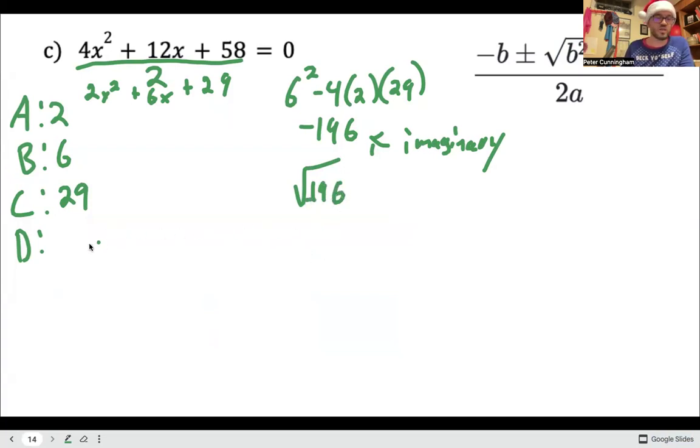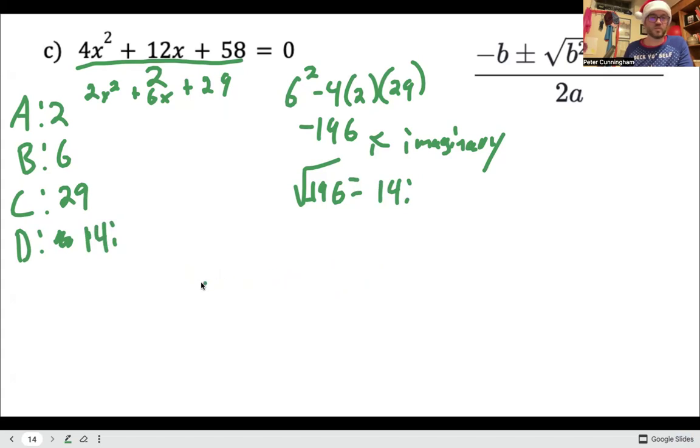My discriminant is going to be positive 196, which is 14 squared. Okay, so the square root of 196 is 14. Therefore, the square root of negative 196 is 14i. So my discriminant, 14i.